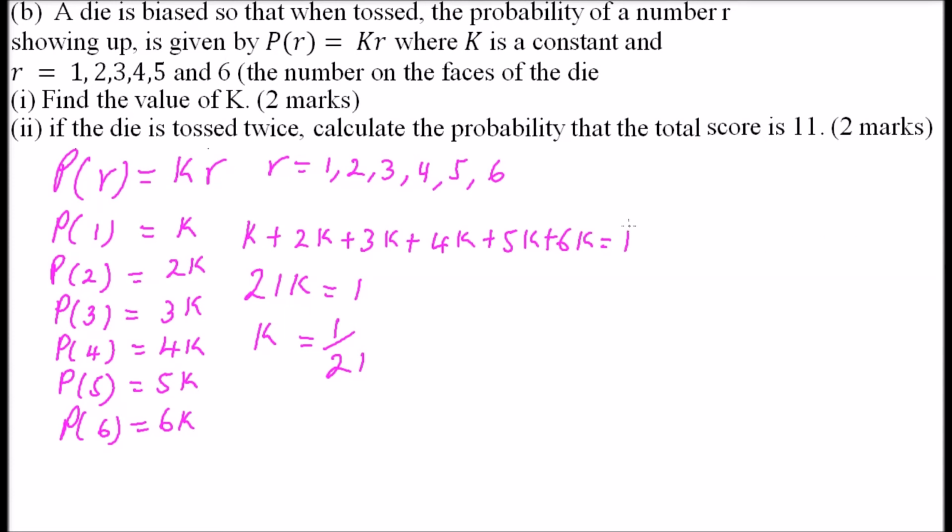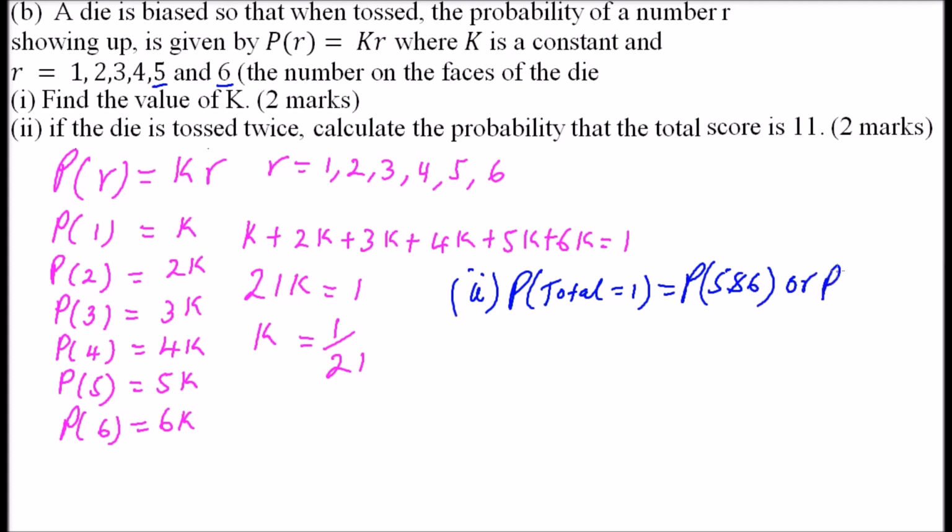Then the probability that when the die is tossed twice, that is Roman number 2, the total is 11. So probability total is equal to 11 is equal to, since the only numbers that give us 11 are 5 and 6, the probability of getting a 5 and a 6, or the probability of getting a 6 and a 5.